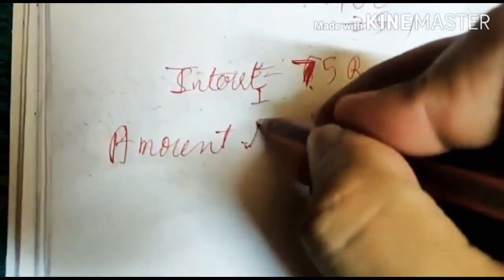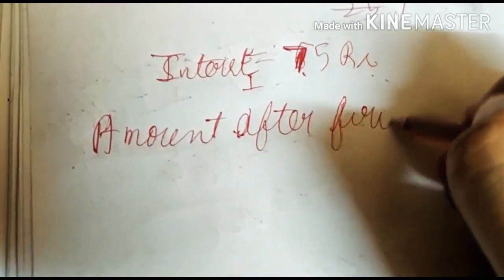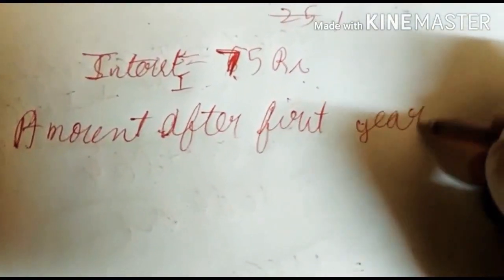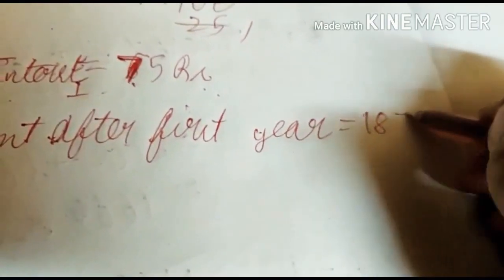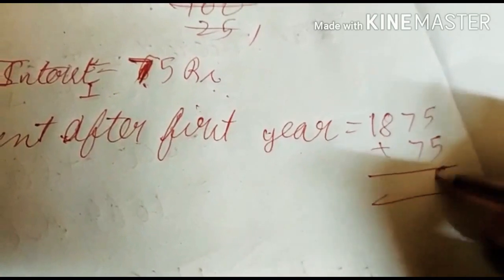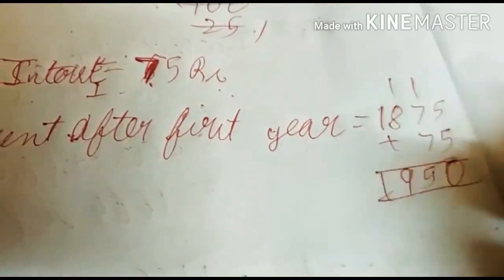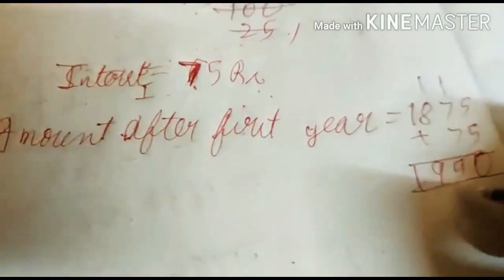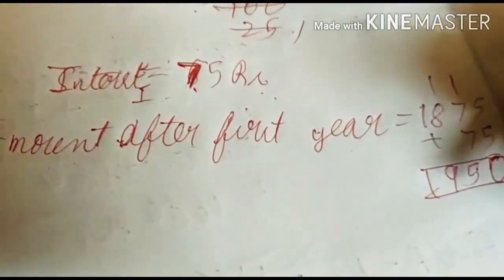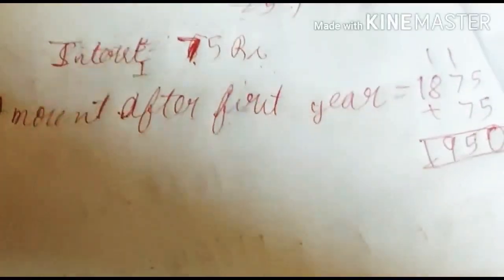So now the amount after the first year will be called the principal for the second year. It will be 1875 plus 75, which will give 1950. Okay, this is the principal for the second year.